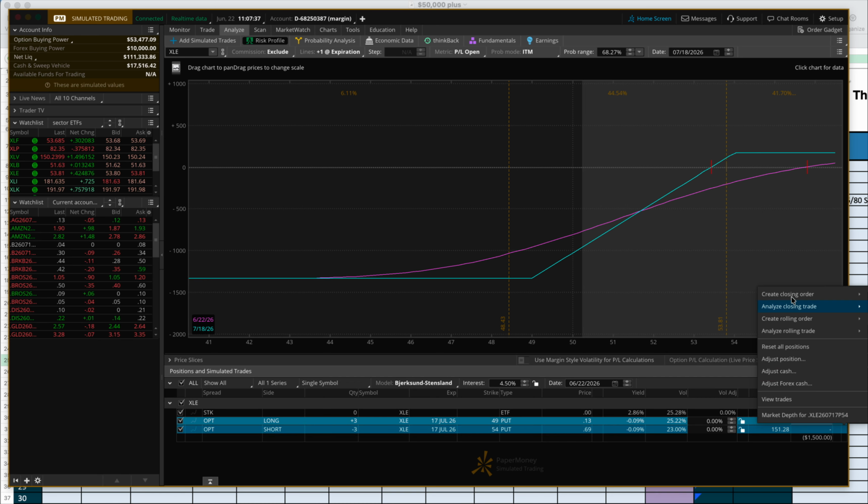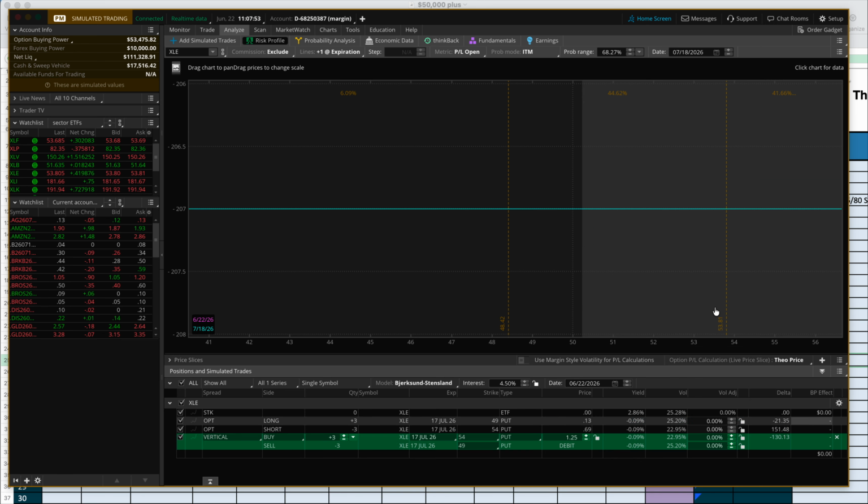Create closing order. There we go. So we sold that one, so we're going to buy this one back, create closing order. We can hit create, analyze the trade. There we go. Let's do that right there.